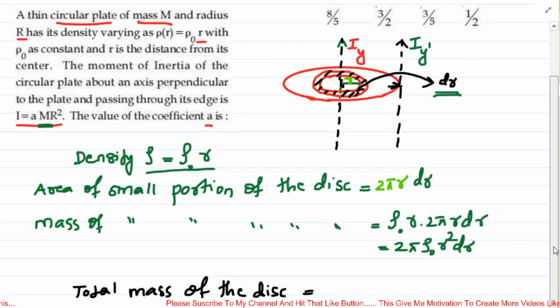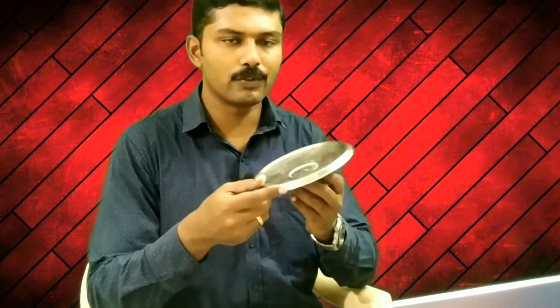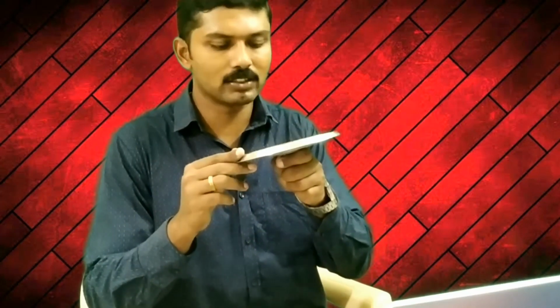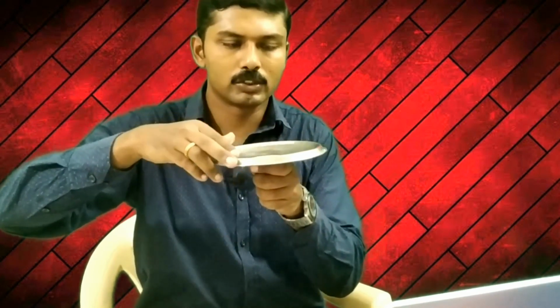So if I want to analyze this, I can use a small disk. You can see over here. Let's imagine that this is the disk, and this disk is rotating with this axis passing through the center. Let's imagine that this is my plate, so that you understand it better. So the disk is rotating with this as the axis of rotation.